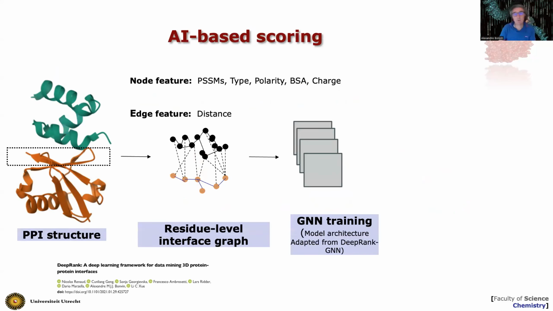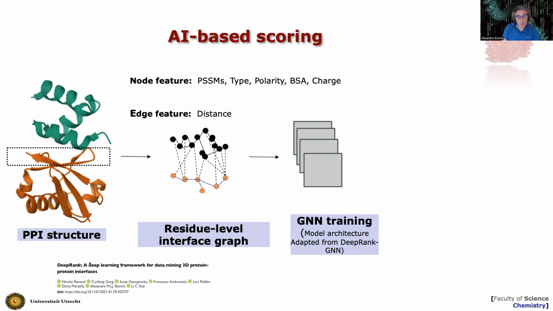Of course, we are also moving into artificial intelligence, and we have been developing AI-based scoring methods, first describing the interface of the complexes as a 3D image, and using image processing techniques, artificial intelligence, to recognize what is a good model from a bad model. So this was the DeepRank software, which was published first.